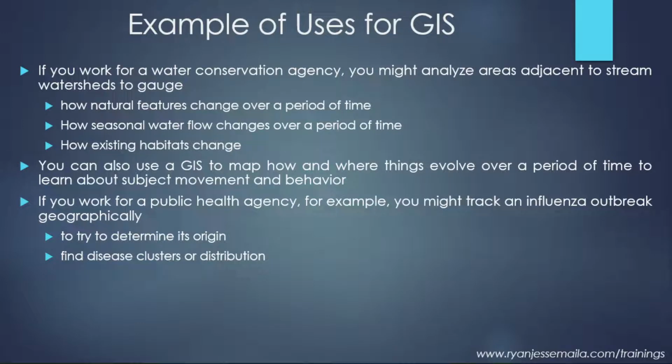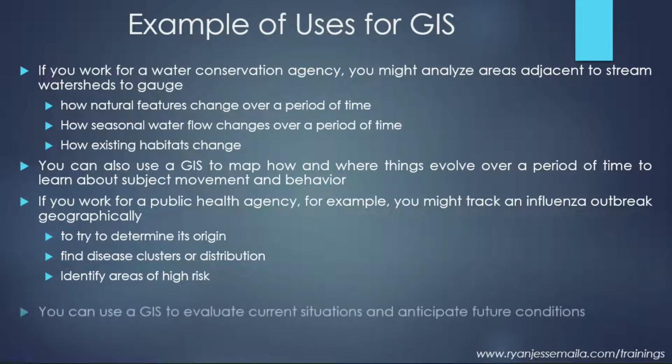You'll be able to identify the distributions or clusters, which are basically the concentrations of the outbreak per geographical area, and as a result, you'll be able to identify areas of high risk.